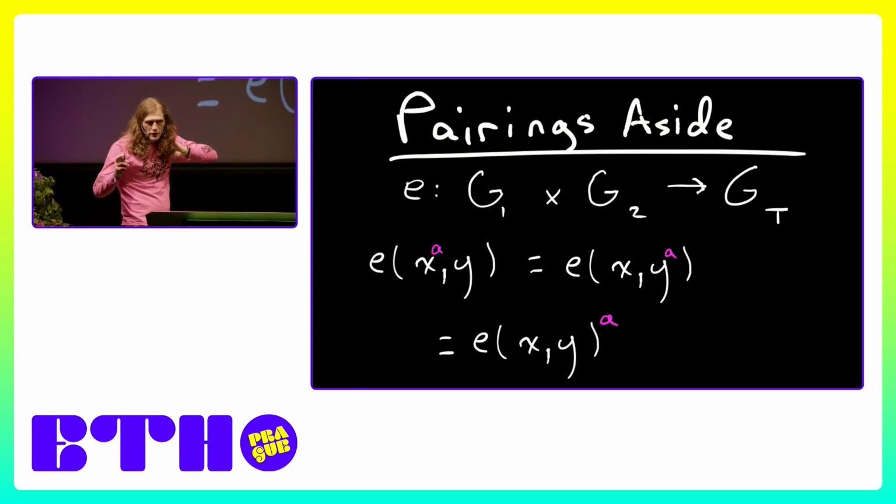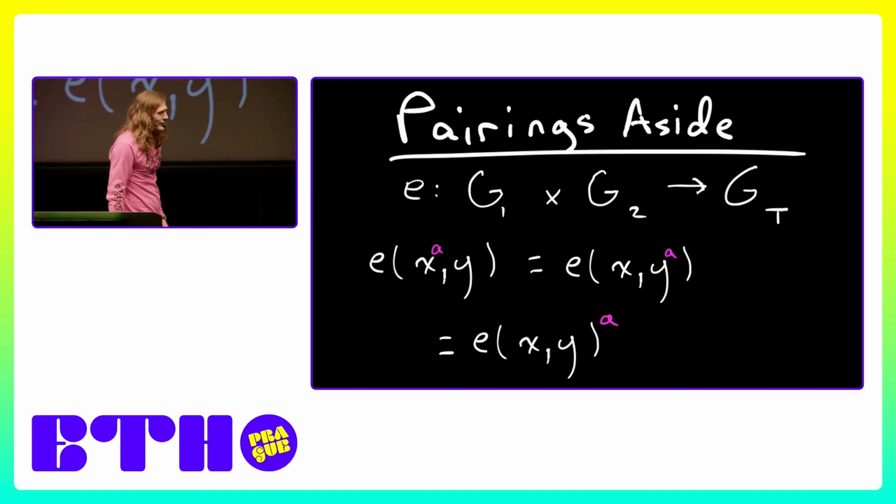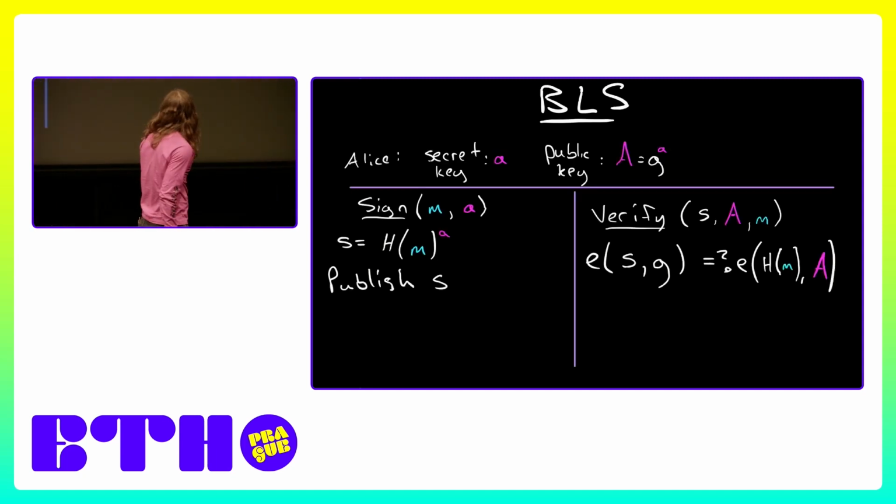You can think of when I say an element in group 1 and an element in group 2 is like they're numbers between 1 and some prime. That's it. And we want to be able to exponentiate x or y or all of it and say it's all the same, because it gives us really neat cryptography. And there's been a way to do this since the 1940s, invented by a guy named Andre Weil.